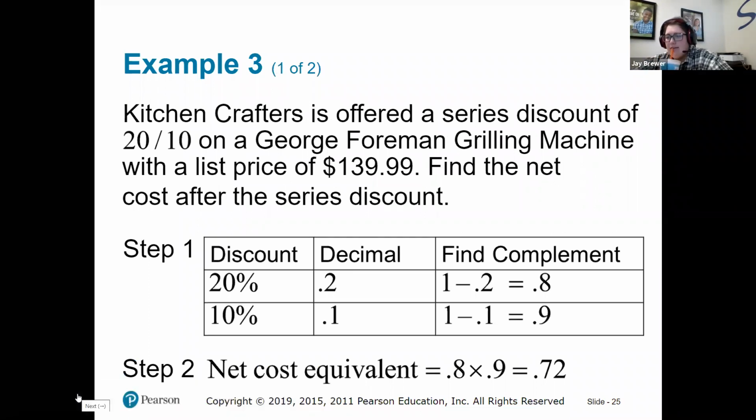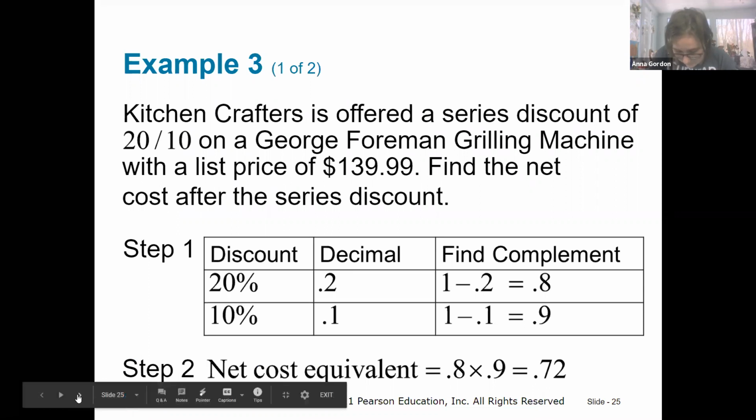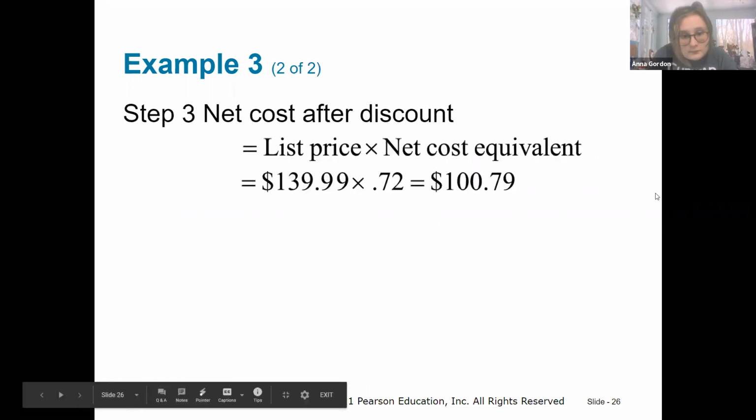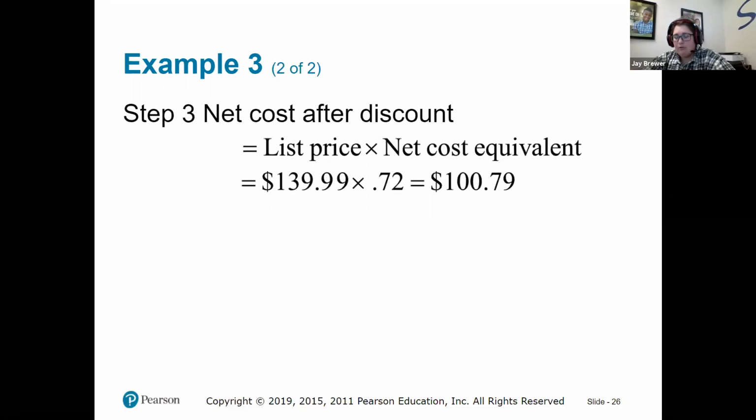Anna, is this the slide you still need, or is it the next one? The next one. Okay. So yeah, if you find 20%, so 0.2 times 139.99, and then you take the subtraction, and then you find 10%, and you take that subtraction, you end up getting the 179 cents. So it does work both ways.